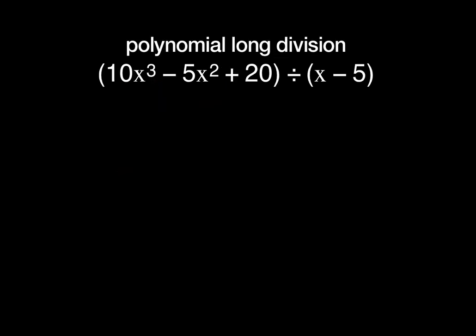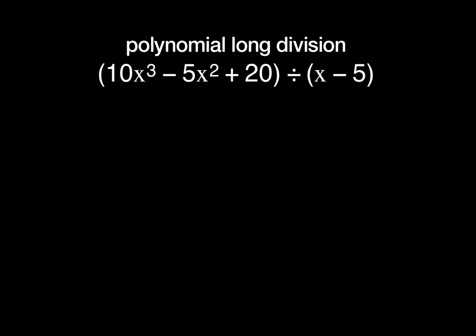Let's try this again. Slightly different looking equation. What I notice right away is as I look at this, there's an x cubed and x squared, but no x. Again, the most common mistake people are going to make in doing long division is not including all of the terms. So technically, there is an x term, it's just 0 x's.